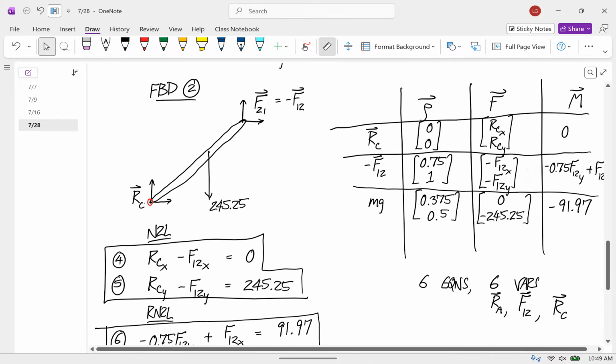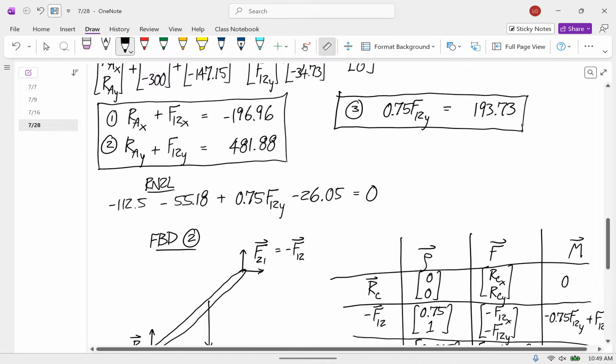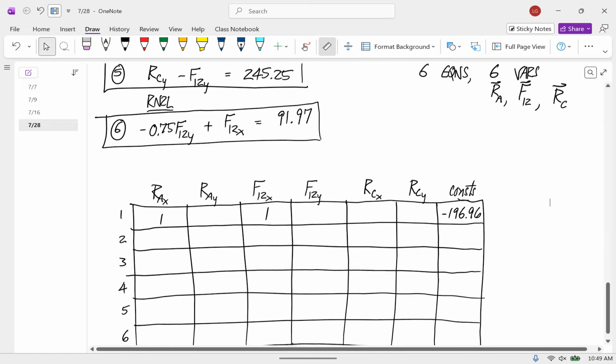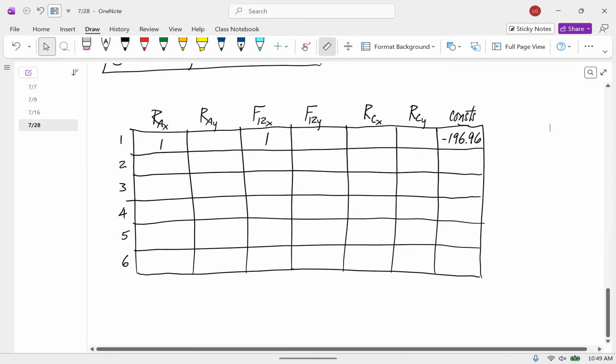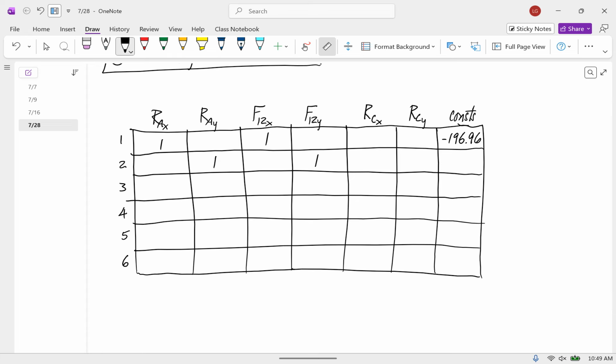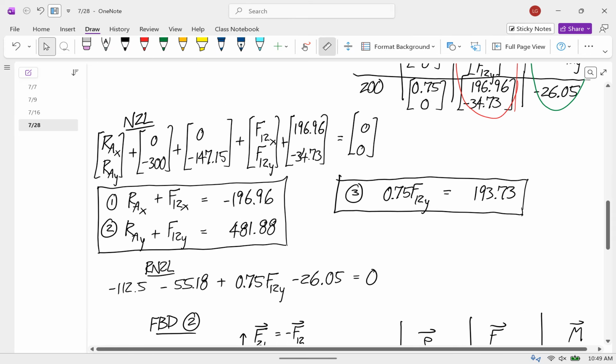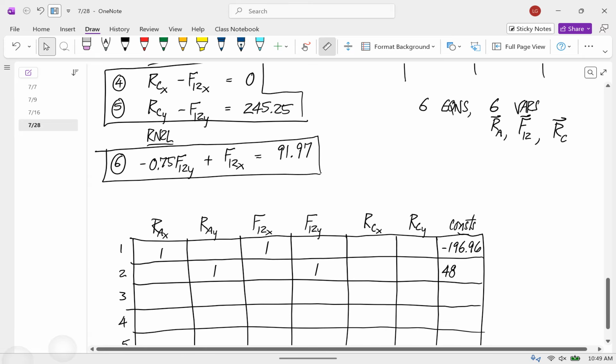Then equation 2, RAY plus F12Y is equal to positive 481.88. So we have a 1 here, a 1 here, and a 480, I already forgot, 481.88.